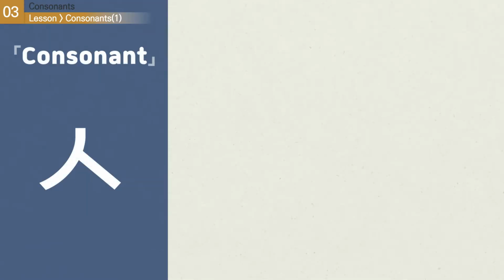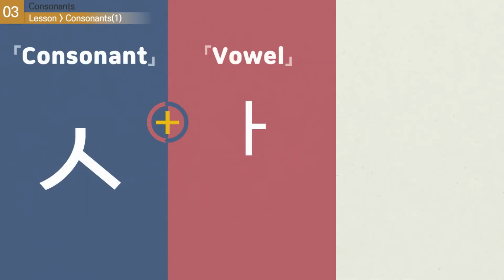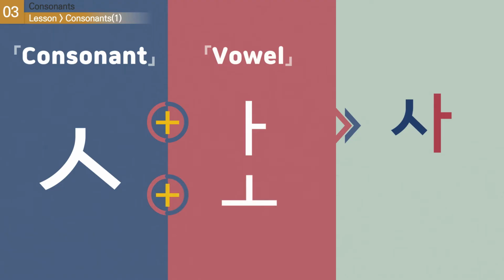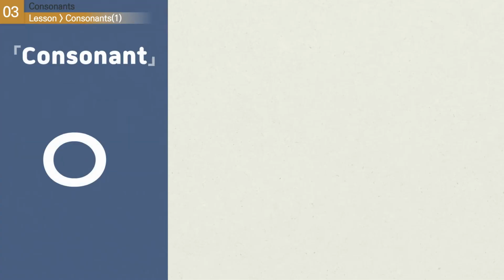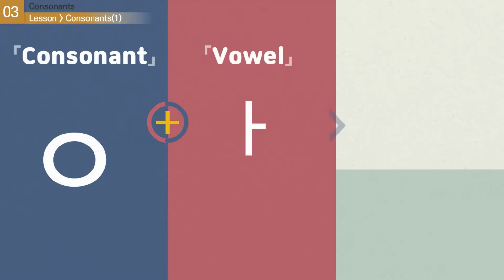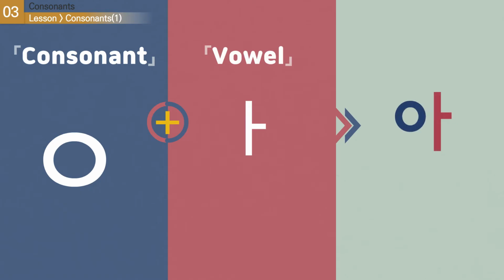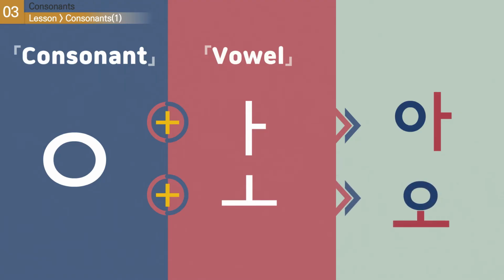Combining the consonant siot and vowel a makes 사. Combining the consonant siot and vowel o makes 소. Combining the consonant ieung and vowel a makes 아. Combining the consonant ieung and vowel o makes 오.